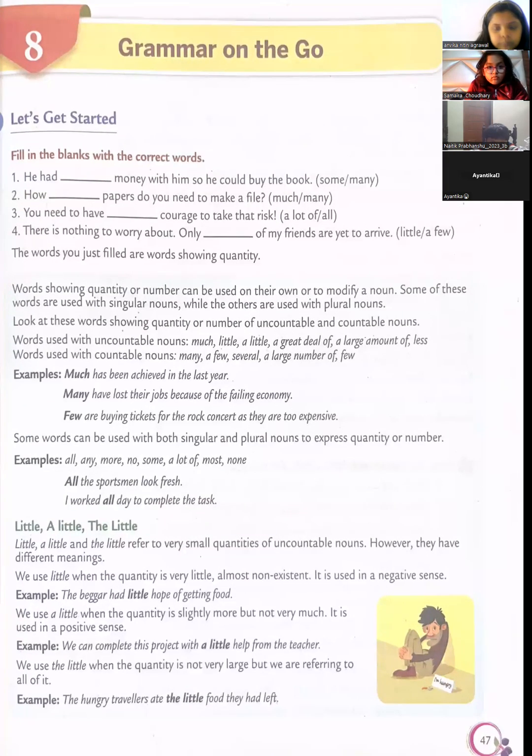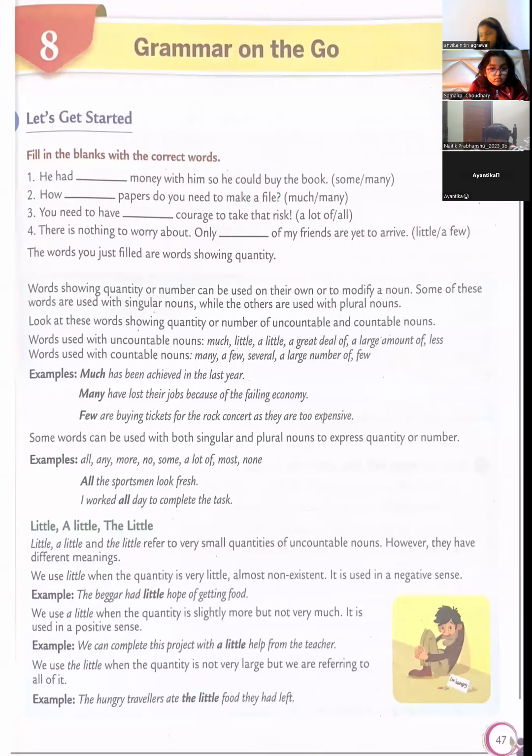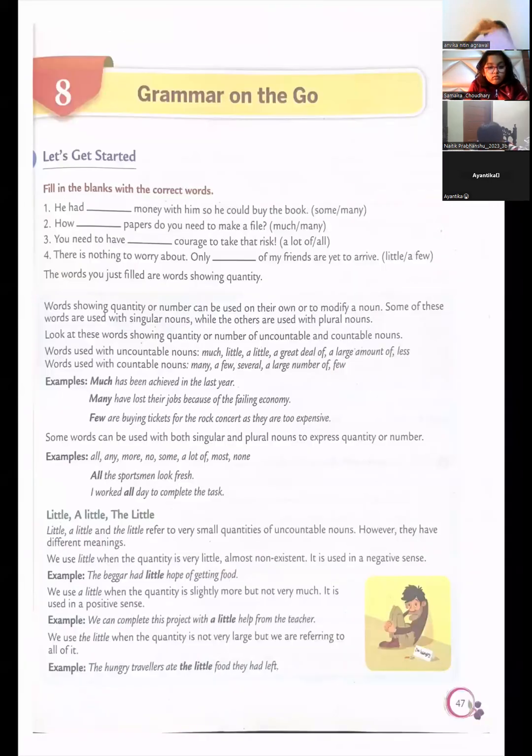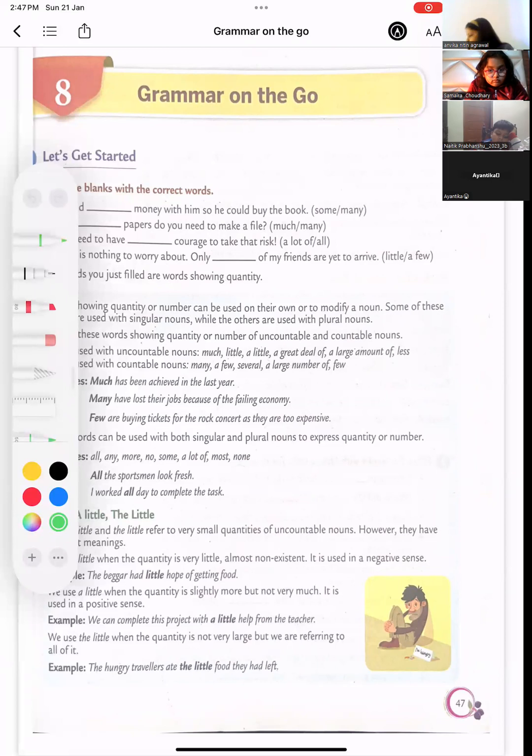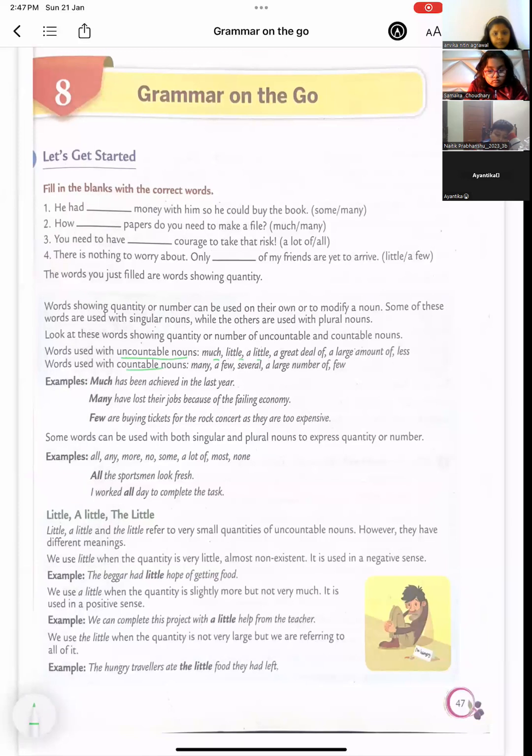Now, there are words which we use with uncountable nouns. So uncountable nouns, which would be much, little, a little, as I have already discussed. And for countable, many, a few, etc. Now let's read these examples.